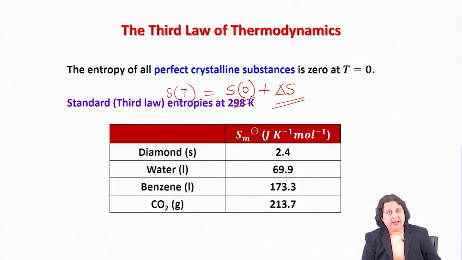As you see, this is the molar entropy at 298 Kelvin, and these are very different for different quantities. As expected, the solid has a much lower value of the standard entropy at 298 Kelvin.